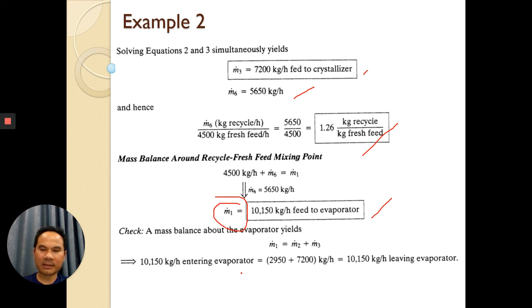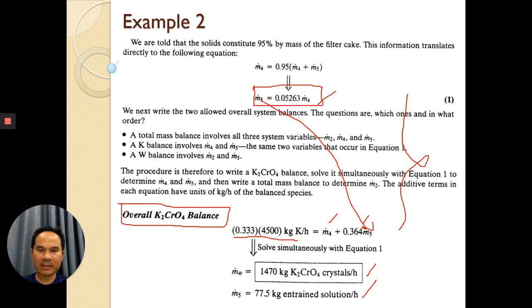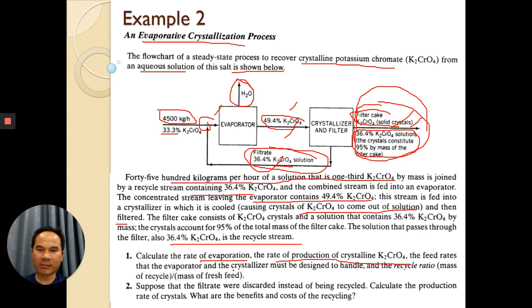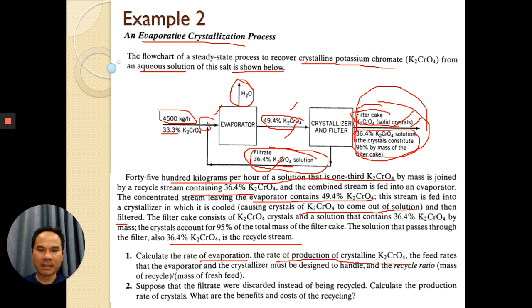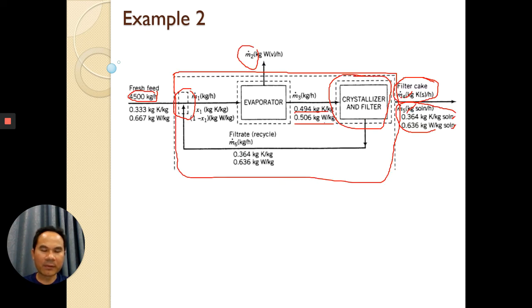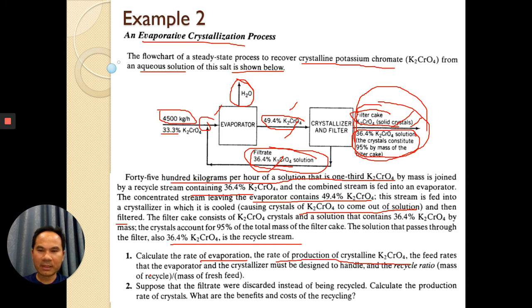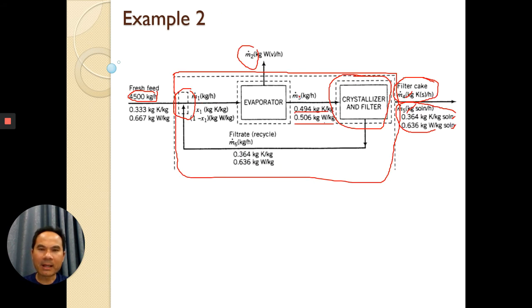Okay, then you can check the answers. The question: rate of evaporation is M2, you know M2 already. Rate of production of potassium chloride in the crystalline form, you know M4 is the answer. Feed rate to the evaporator and the crystallizer: calculate M1 and M3.